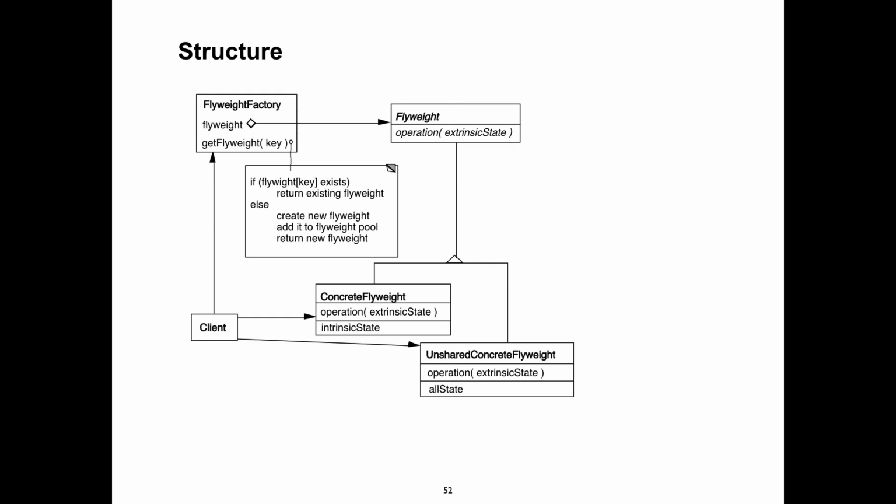And so the goal of the flyweight is to say, look, if I have all these objects, to save space I want to look at the data inside and say, what data can I store separately, right? So all the intrinsic state I can store in one place and have pointers to it and save space.